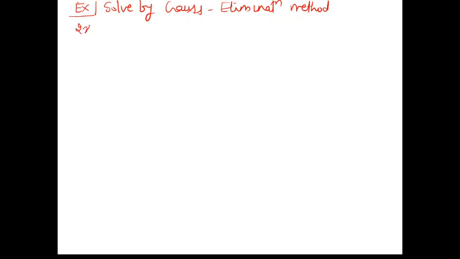So let's see with the help of an example how to get the solution of the system of linear equation using Gauss elimination method. The first example which I am discussing here is: solve by Gauss elimination method the system given as 2x plus 3y plus z equal to 13.